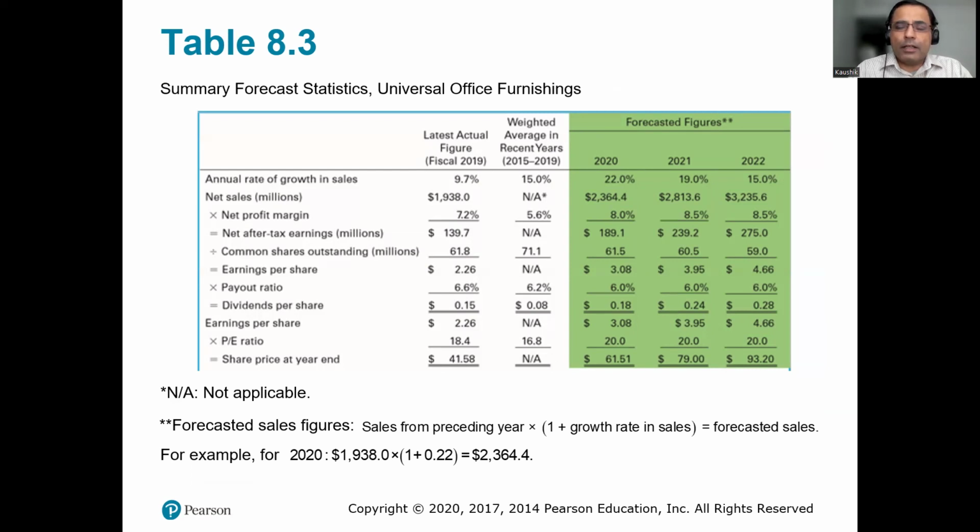From that, we get the profits. We divide the profits by common shares, and we get the earnings per share. We multiply earnings per share by the payout ratio, and we get the dividends. We multiply earnings per share by the P/E ratio, and we get the future share price. So this is an example of how we can start with future projections and use different formulas to get the future dividend or the future share price.